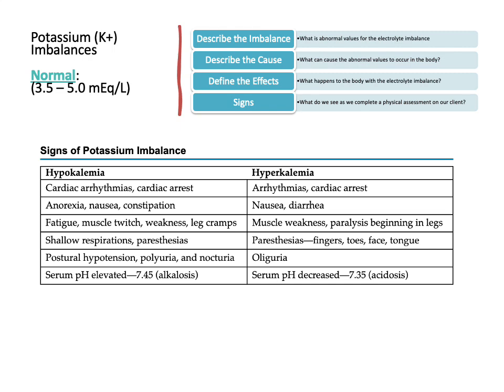Hypokalemia can also cause issues with muscles. It can cause pins and needles feelings, such as paresthesias. It can also cause decreased digestive tract motility, which can ultimately result in decreased appetite.